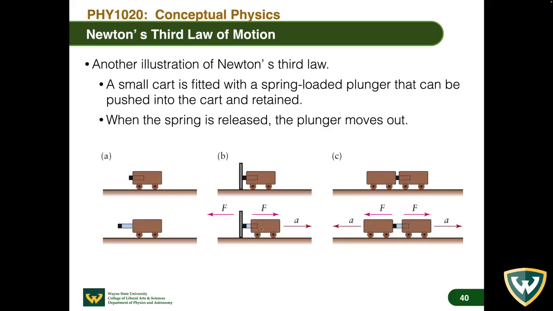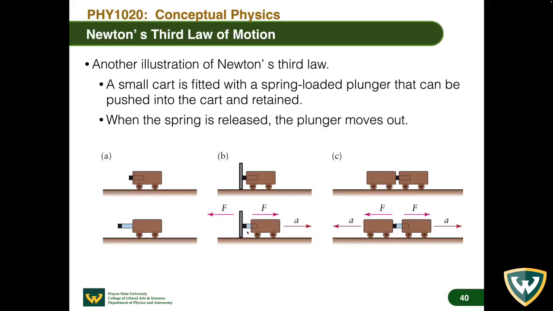onto the cart. And so the fact of pushing the plunger out, thereby producing a force onto the wall, will make the wall react with an equal magnitude force, directed towards the right, and this force then will accelerate the cart.